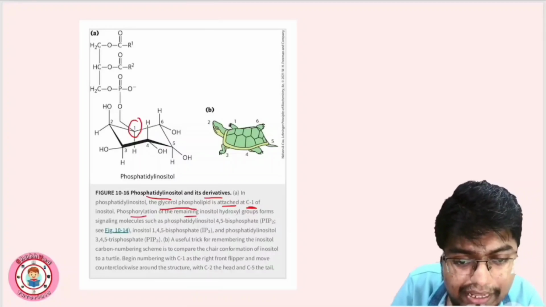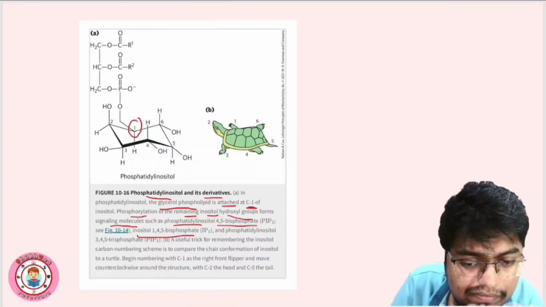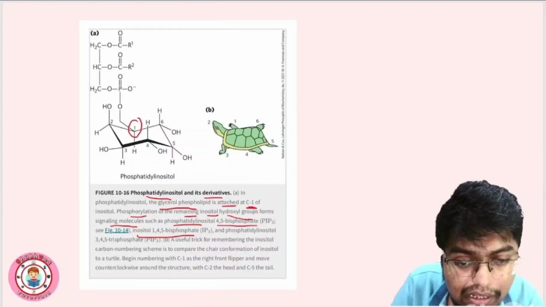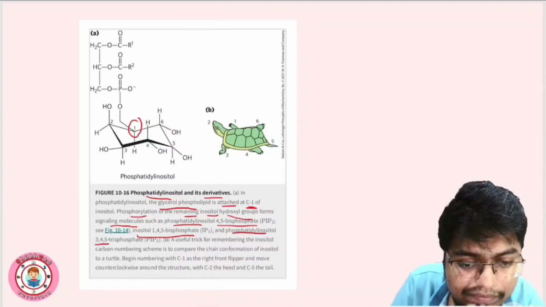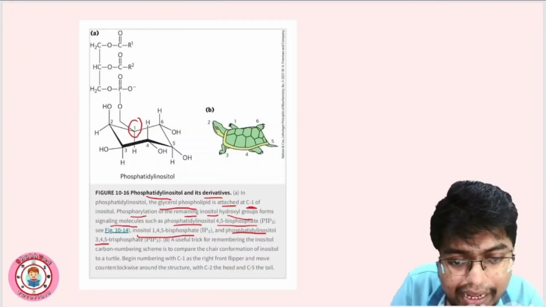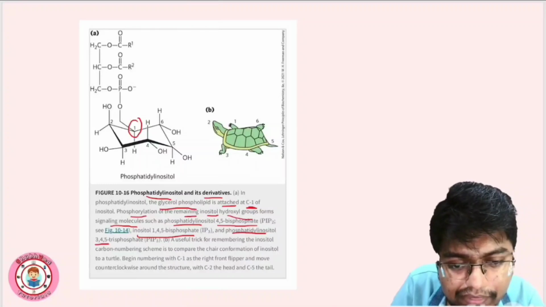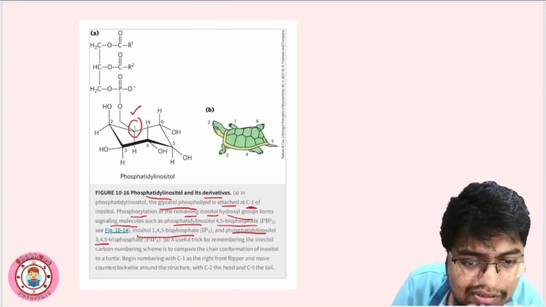Phosphorylation of the remaining inositol hydroxyl groups forms signaling molecules such as phosphatidylinositol 4,5 bisphosphate, okay, PIP2, inositol 1,4,5 bisphosphate, and phosphatidylinositol 3,4,5 triphosphate, PIP3. So different signaling molecules are produced by phosphorylation at other positions. But glycerol is attached to this C1.